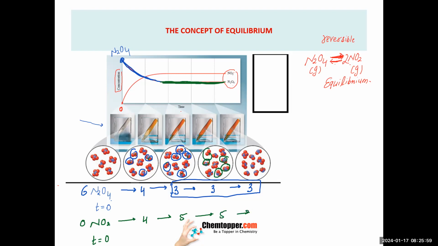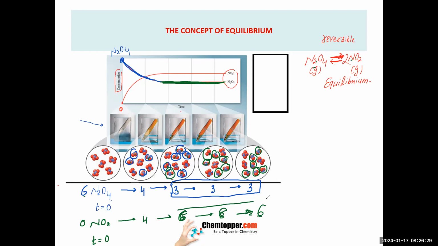After that, 1, 2, 3, 4. Actually, it should be 6. I'm missing one. Yeah, this should be 6. This is also 6. After that, 6. Because 3 will give you 6. You started with 6, 3 has reacted. 3 will give you 6. It's a 1:2 ratio. So here also I'm missing 1. Yeah, it's here. 1, 2, 3, 4, 5, 6.